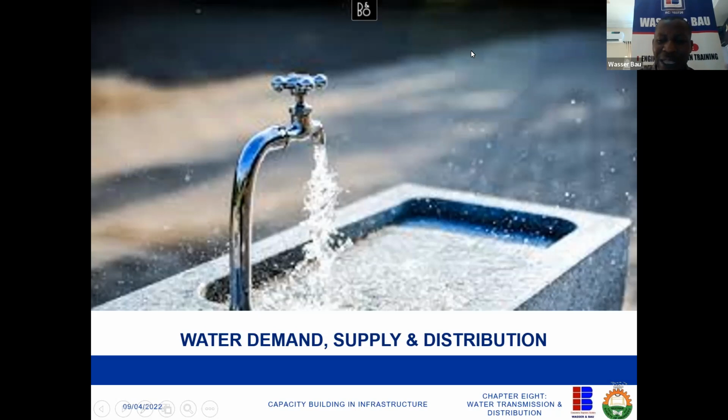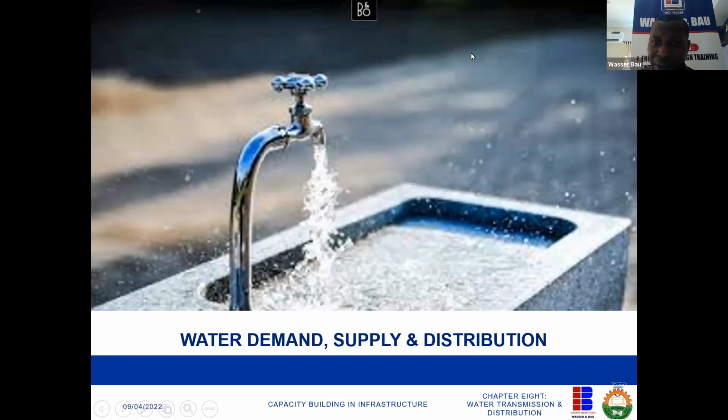We said that 90 to 95% of water distribution systems are done by gravity. So your layout will help you establish the highest point and the lowest point. Expectedly, the lowest point is going to be the water source because water flows to the lowest level, and the highest point is going to be the location of your overhead tank.